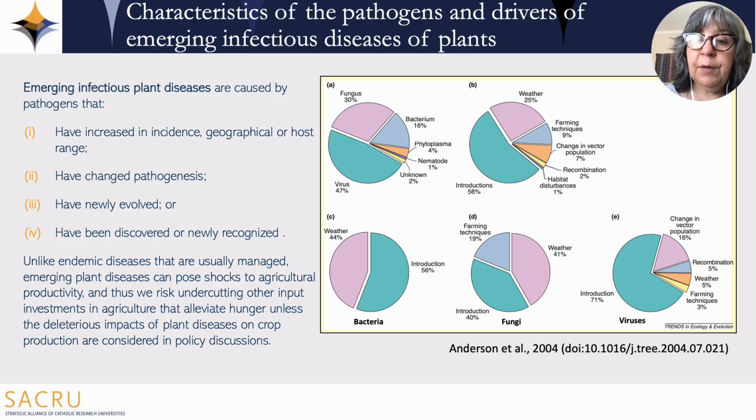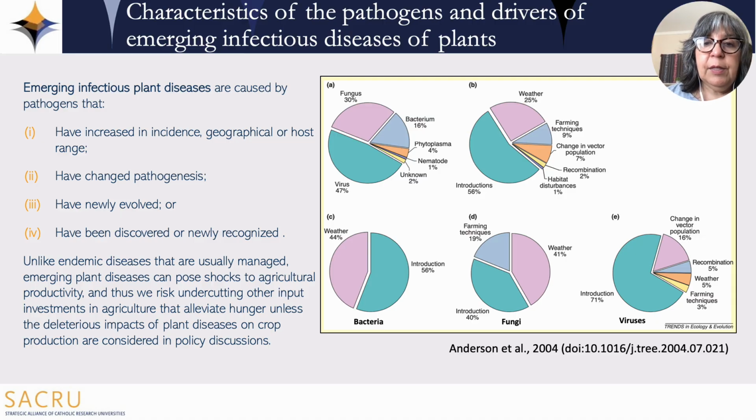Therefore, it's really difficult to plan and establish good management practices. In that way, they can impact in a really important way the productivity of agriculture, affecting the accessibility of food, in general fruits and vegetables.